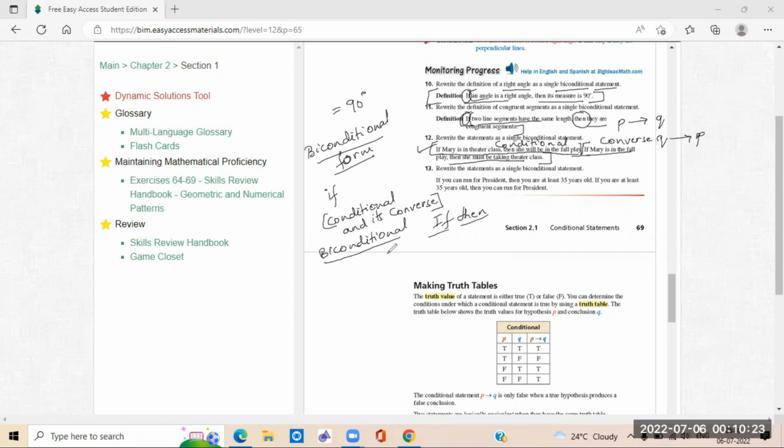The "if then" part is taken out, and in place of that, "if and only if" is just put in the middle of the statement. So how will you try the first one? If Mary is in the theater class, then she will be in the fall play. You can just consider this conditional part of the statement. The converse part you are not going to consider, and write the biconditional.